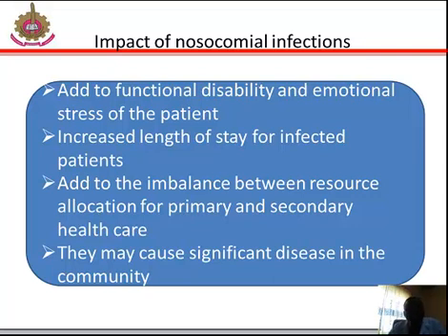Because funds are very scarce, they are being used for something else. That is why people that have contracted nosocomial infection are not given any form of assistance by the government.